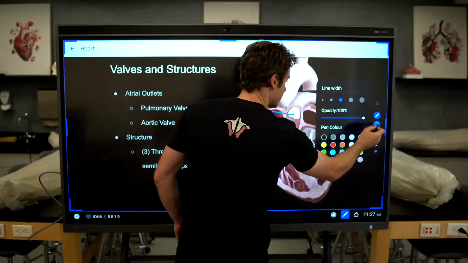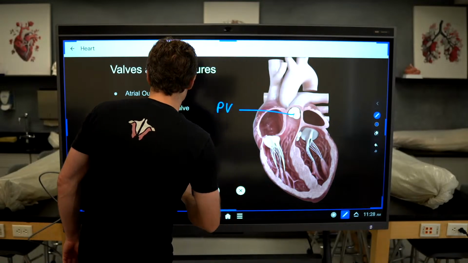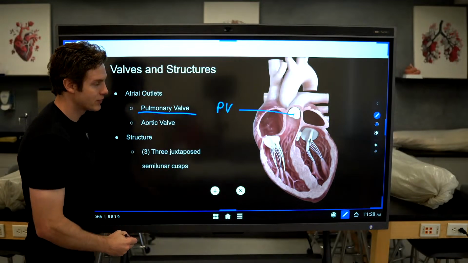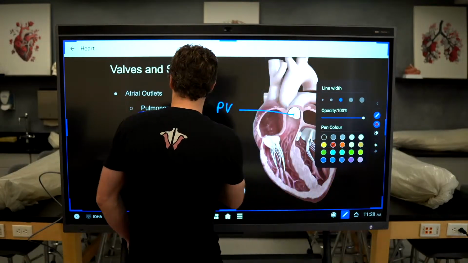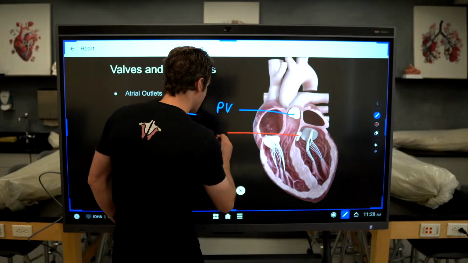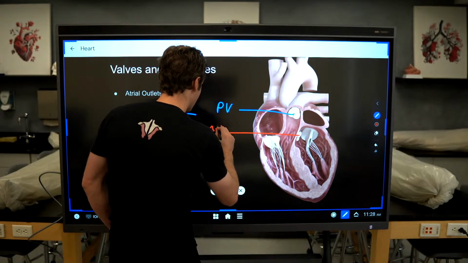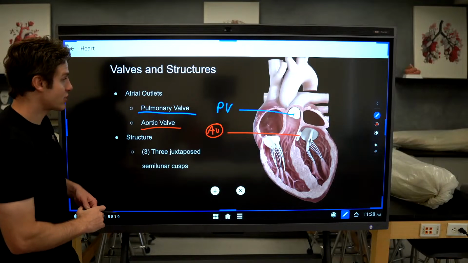Okay, we have the pulmonary valve, and that's going to be in blue. And then we have our aortic valve here. We can see just a little piece of it right there. AV for aortic valve.